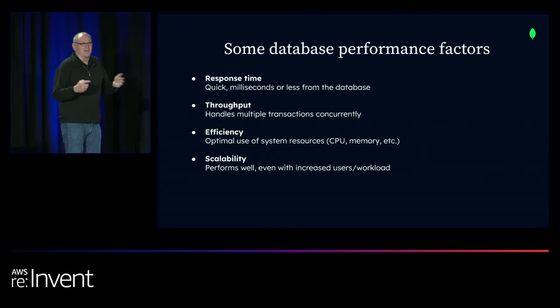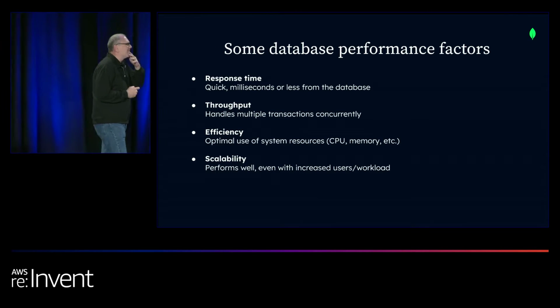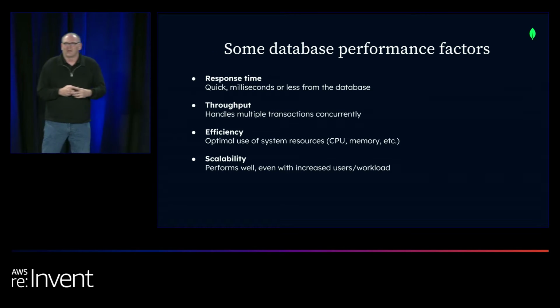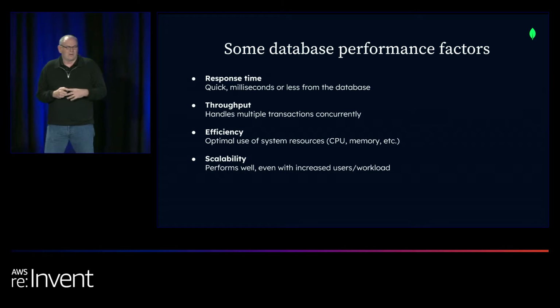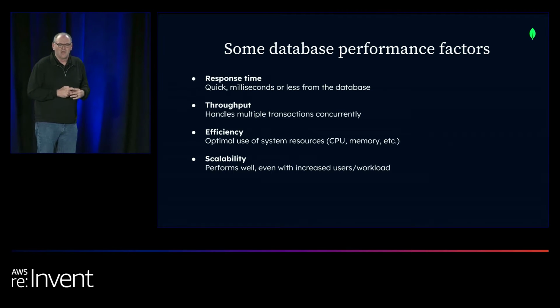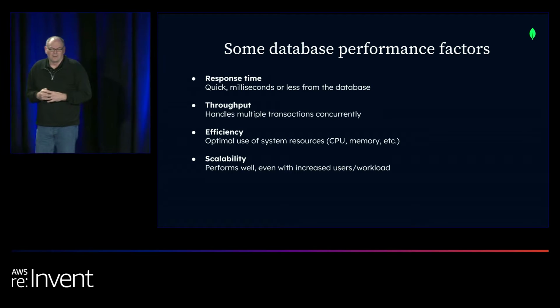There are many dimensions, but these are the four that I find people talk to when I get into design reviews and discussions with customers. Another one we might look at is throughput: how the application and the workload can handle multiple transactions concurrently to increase the throughput of the system.